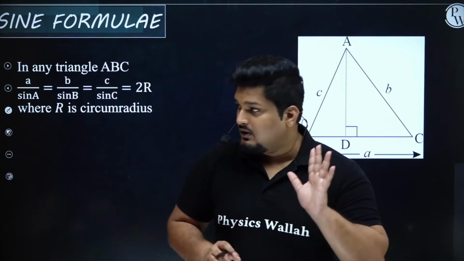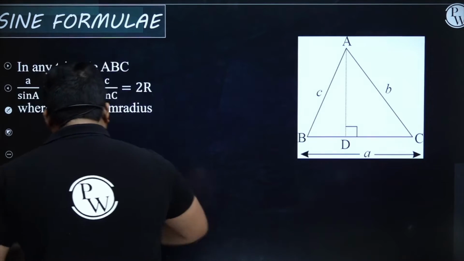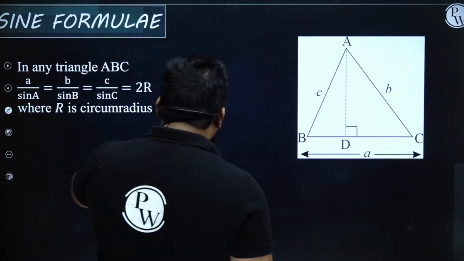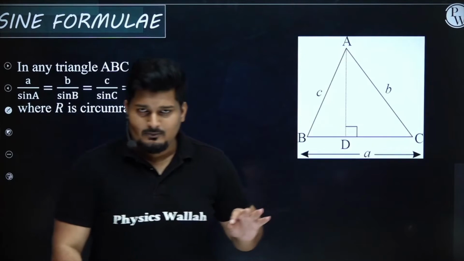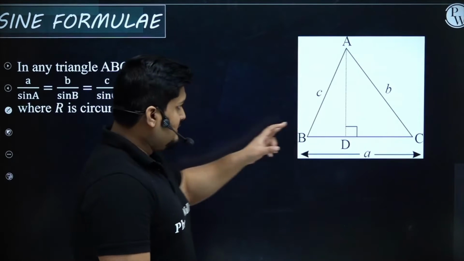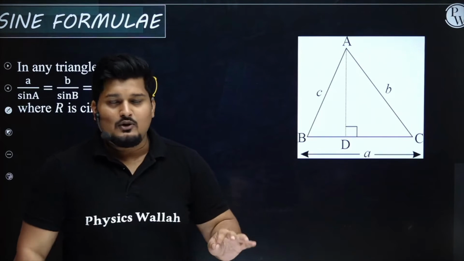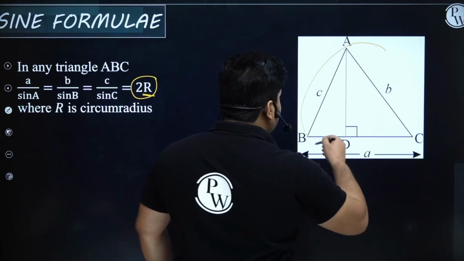So first and most important is the sine rule. Now sine rule, even the lowest of the students, they also remember sine rule, right? What does the rule say? That the sides and sine of angles are in proportion. A upon sine A, B upon sine B, C upon sine C is always equal to 2R, where this capital R is circum radius. Now if you are not aware of what is circum radius, that is the circumcircle, guys.